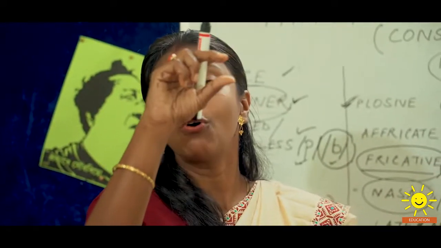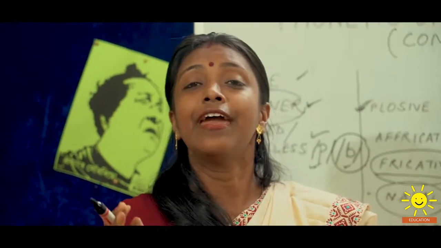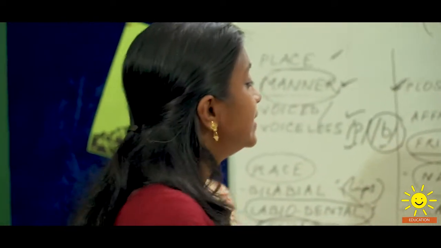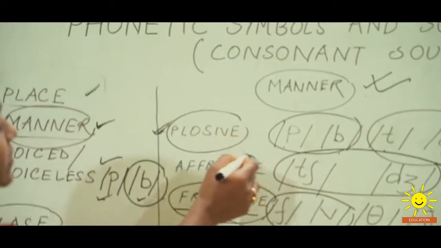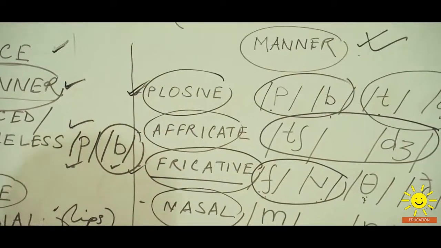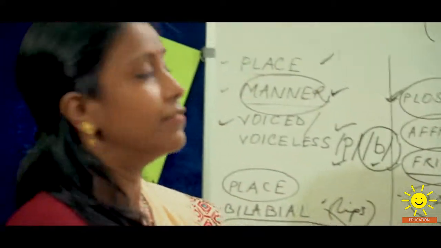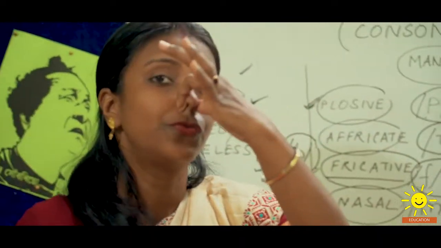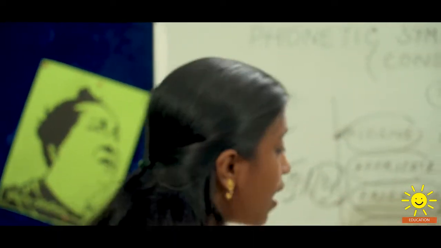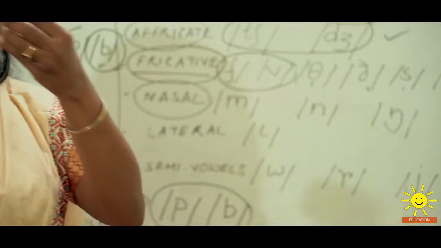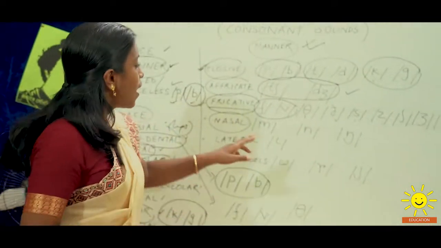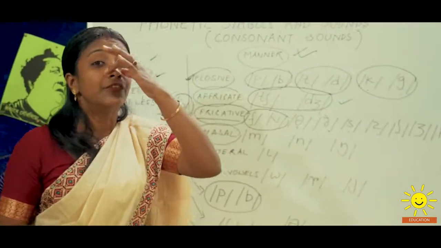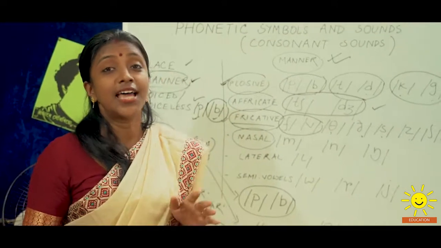I repeat, when the soft palate is lowered, the air passes out through our nasal cavity, and it's known as the nasal sound. Unlike the other sounds like plosives, affricates and fricatives, which pass through our oral cavity, if you hold your nostrils tight in this manner, you can't articulate these sounds, because the air has to come out through your nostrils. So it is impossible to articulate these 3 consonant sounds if you close your nostrils tight.